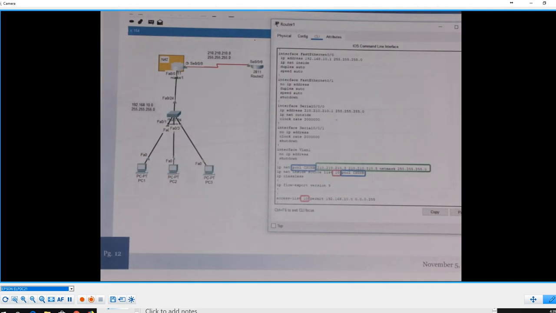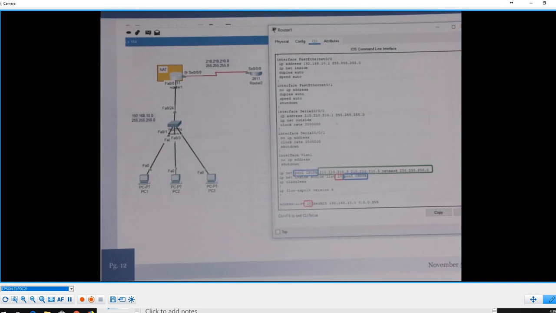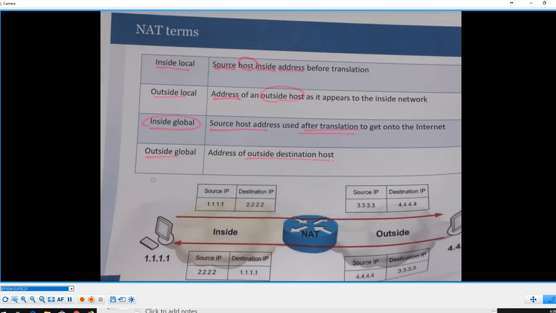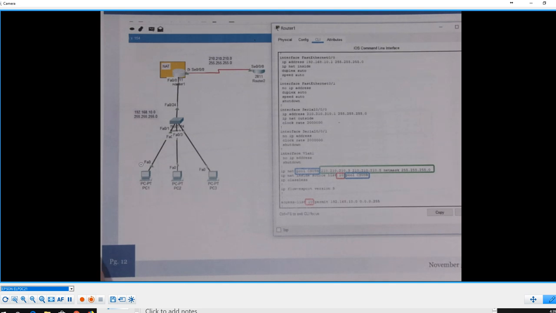Let me just take a 5-minute break before I talk about this diagram and then apply this terminology to it. So let's just take a 5-minute break. And let me just have a cup of water. So I'm going to stop recording.